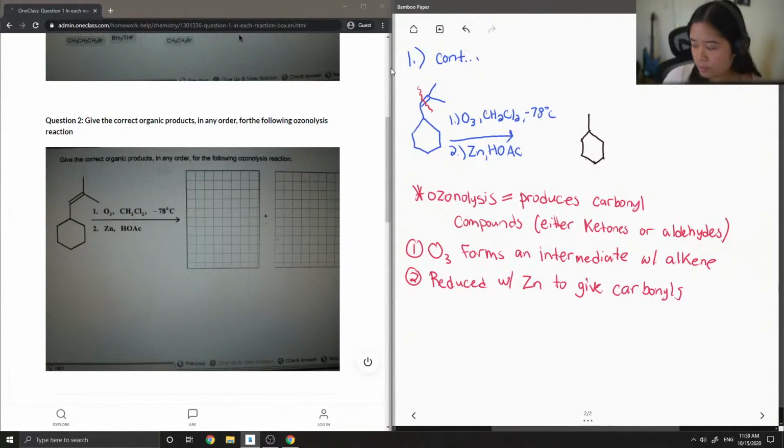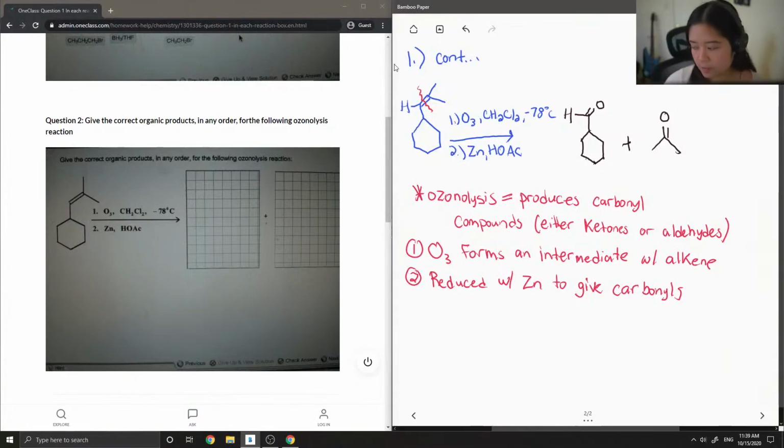So the first product will look like this, and then the second product will just be this ketone. You can see, I'll draw an H here. Wherever I drew the line to break the double bond is where the new aldehyde or ketone would form.